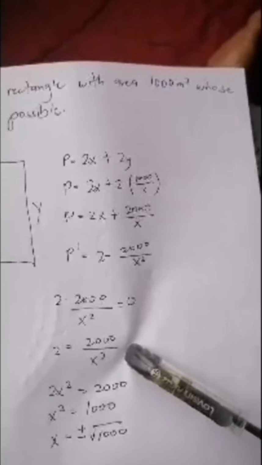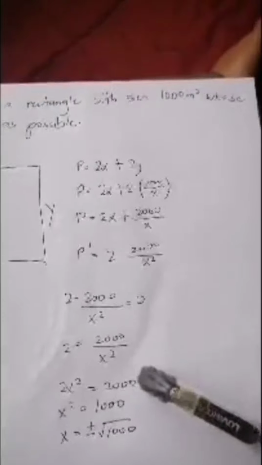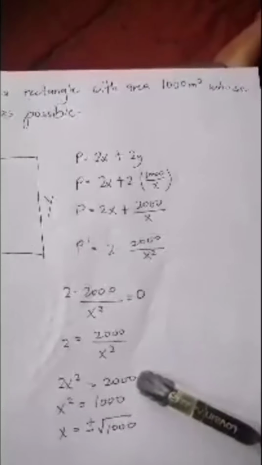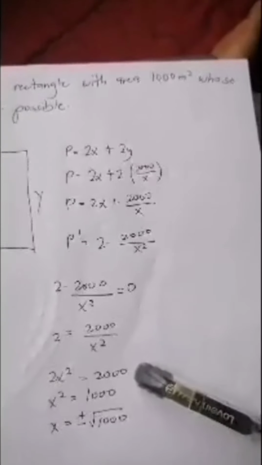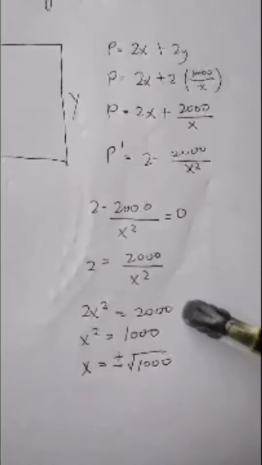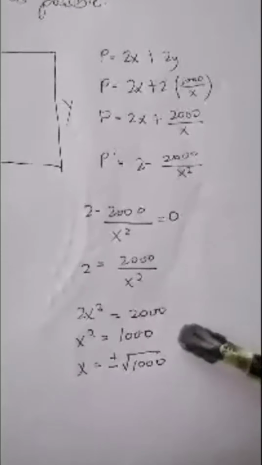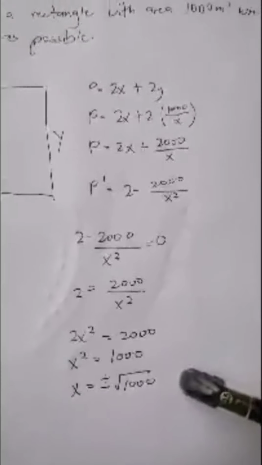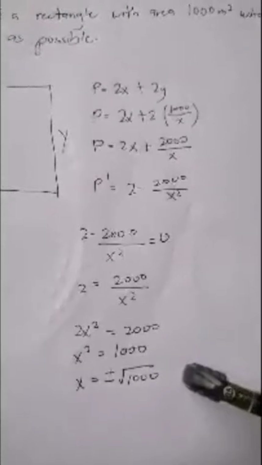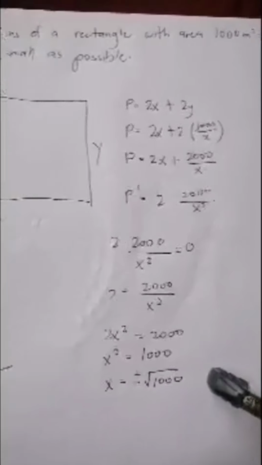That gives me 2x squared equals 2000, so x squared is equal to 1000. And so I'm going to get x equals plus or minus the square root of 1,000.